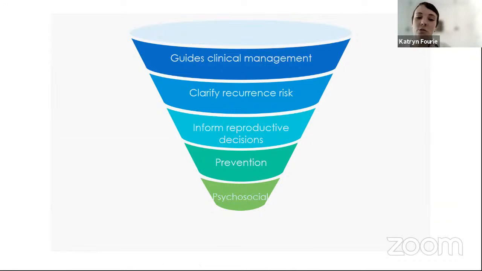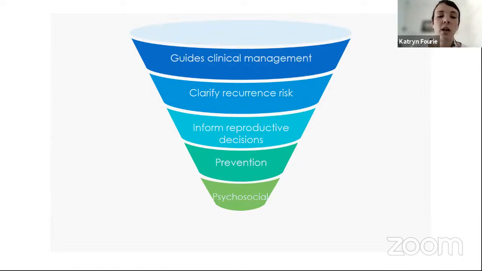And as we've already also seen, the diagnosis really is very important. It can guide the management, so actually inform treatment if there are other investigations that need to be done. Something that's very important is it can clarify your recurrence risk. So what is the chance of having another affected child, for example, or another family member affected?